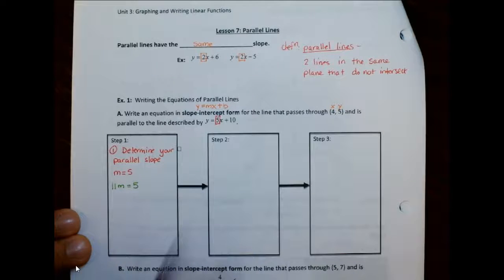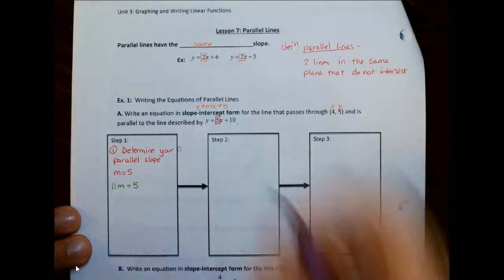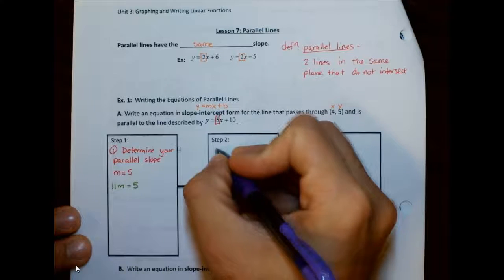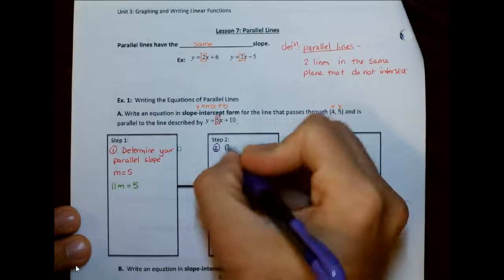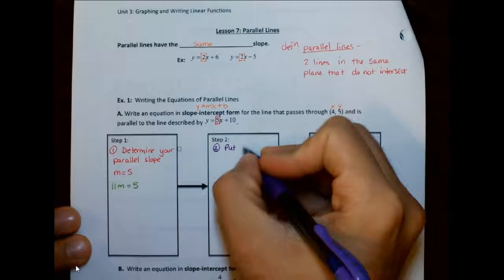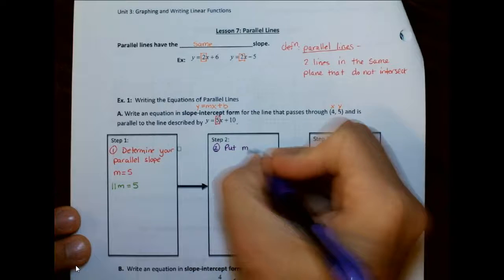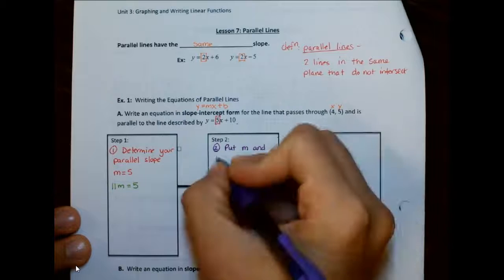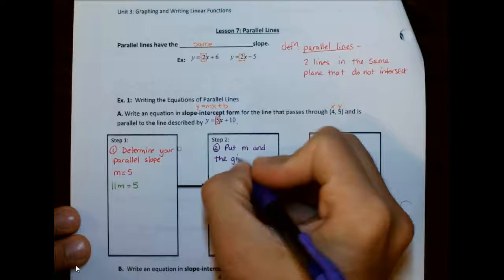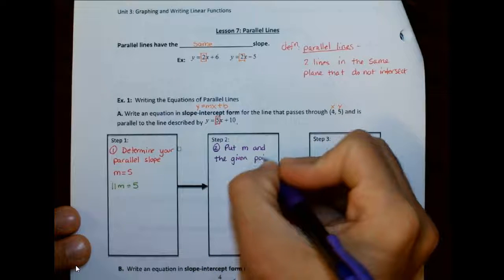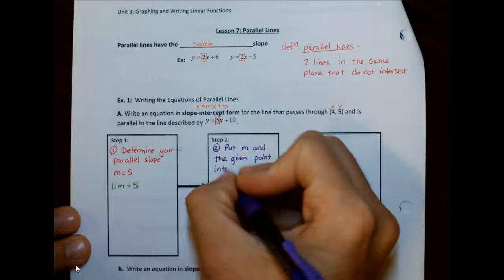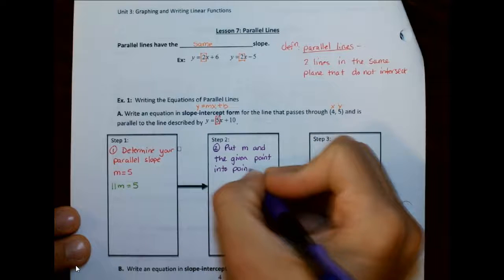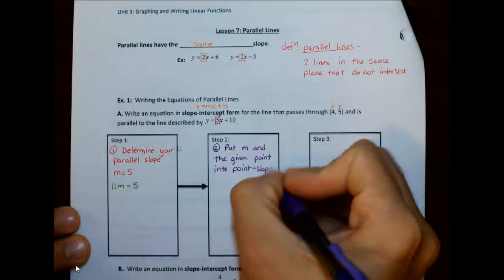So next step, after we determine our parallel slope, we want to put our slope and the given point into point slope form.